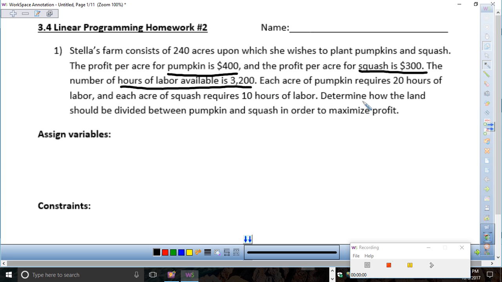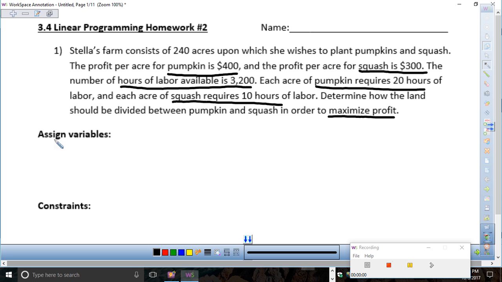Each acre of pumpkin requires 20 hours of labor, and each acre of squash requires 10 hours of labor. So we want to determine how the land should be divided between pumpkin and squash in order to maximize profit.